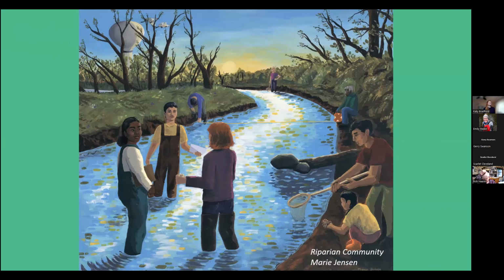So just want to start with this painting that Marie Jensen, an undergrad at UW-Madison, did for us over the winter. She titles this Repairing Community, and that's what we all are. Volunteers helping to be stewards of our local waters. We are a citizen science program, and we really couldn't do it without all of you. There's 88,000 miles of streams and rivers in Wisconsin, and stream biologists can only cover so much.